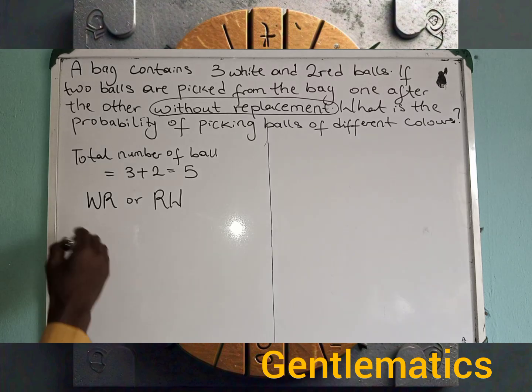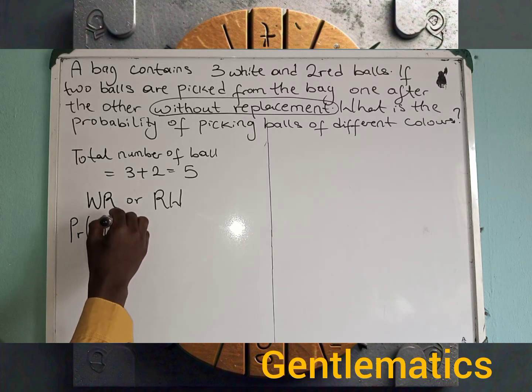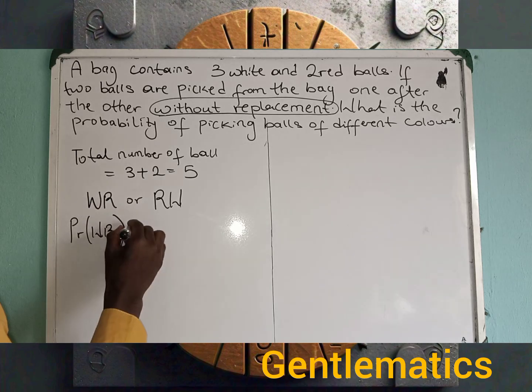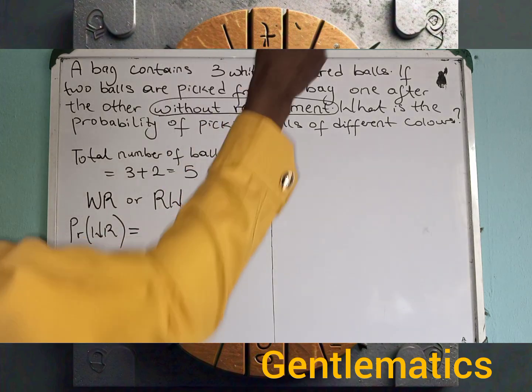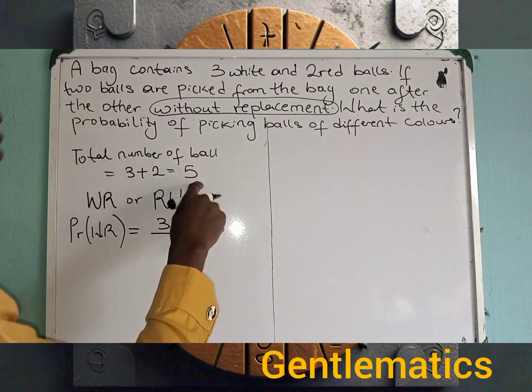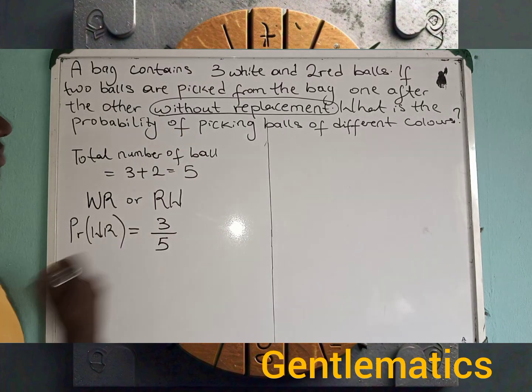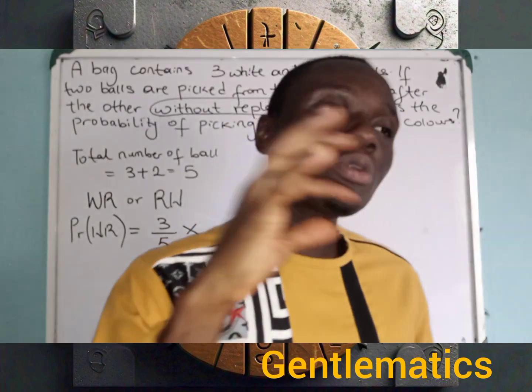So now, the probability of picking a white and a red, let's solve this first, will be equal to, what's the probability of picking a white ball? We have 3 white balls here, so we have 3, the number of white balls, all over the total number of balls, which is 5, multiplied by, remember, when you pick one, you are not putting it back.